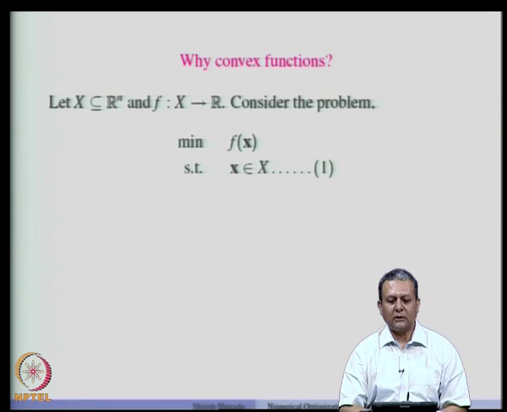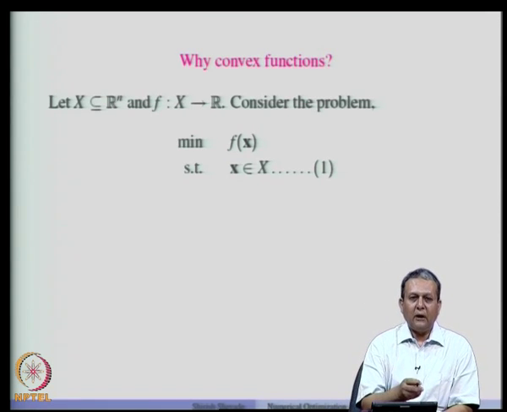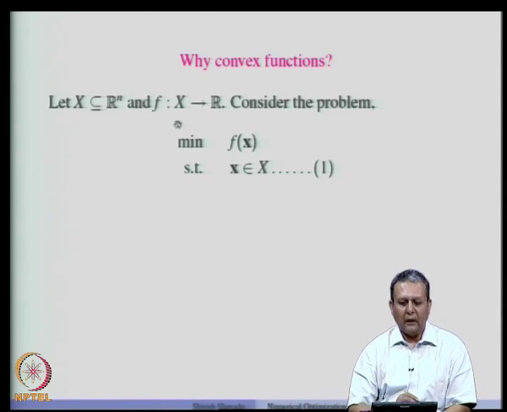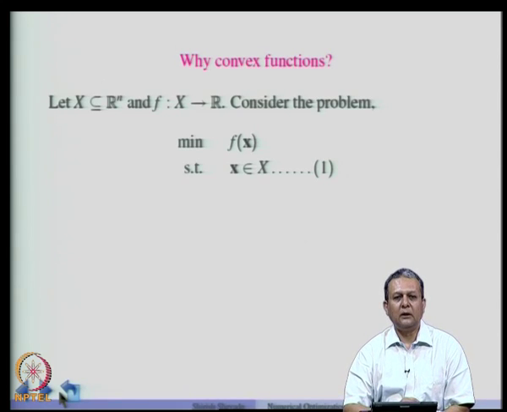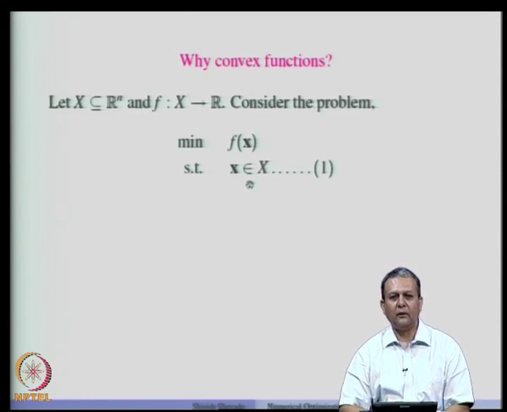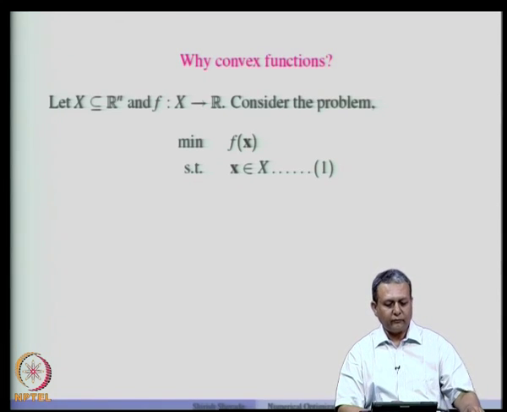So, let us consider a constrained optimization problem where X is any subset of R^n and f is a function from X to R, and we want to minimize f of x subject to the constraint that x belongs to the set X. So, this is a general constrained optimization problem.